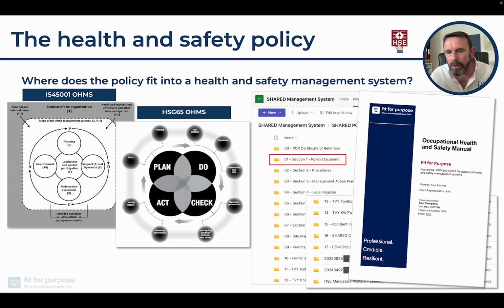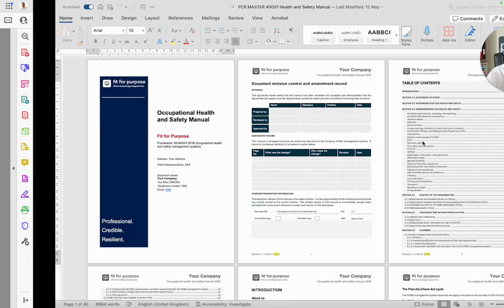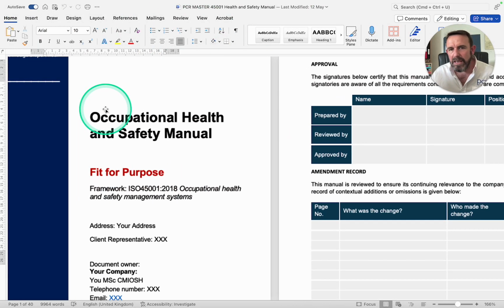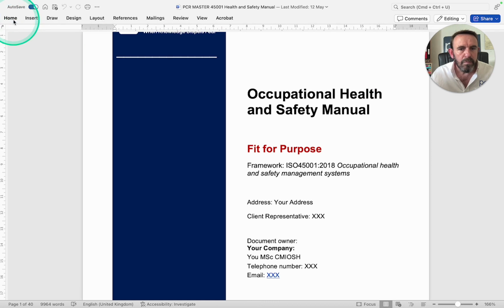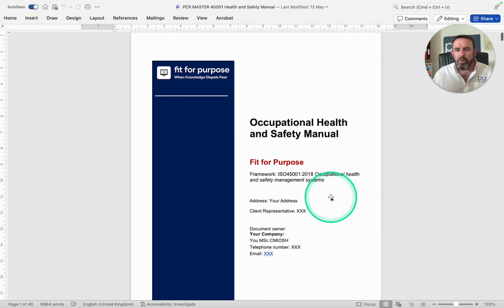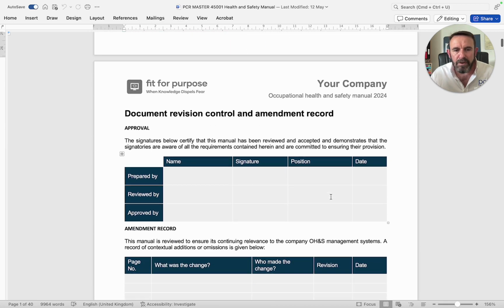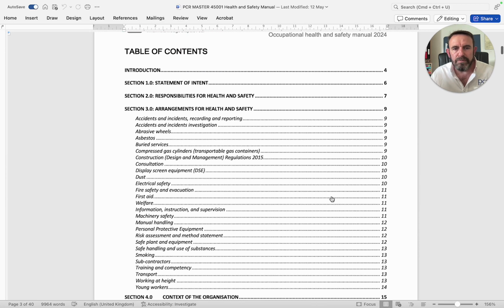And that's that occupational health and safety manual there. So if we just have a look at what a manual could look like. Here's an occupational health and safety manual. I've set this manual out to assist companies who have ISO 45001. And as you can see, if I just show you the contents page, the 3 requirements of an occupational health and safety policy: the statement, the responsibility of the organisation, and then the arrangements, 1, 2, 3.